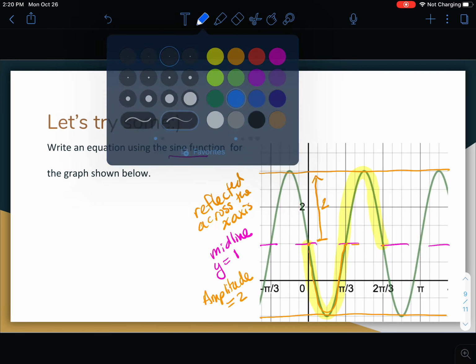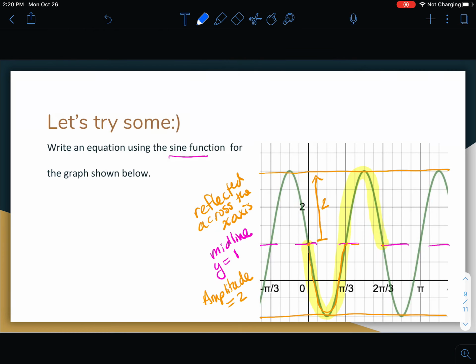The next thing I want to look for is the period. How long does it take one cycle to complete? Well, it starts at 0, it ends at 2 pi over 3, or 2/3 pi. So the period is 2/3 pi.